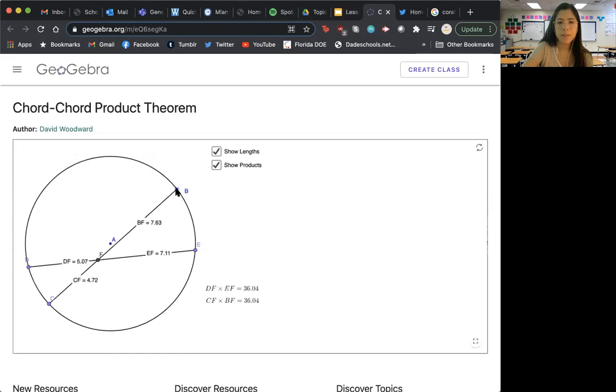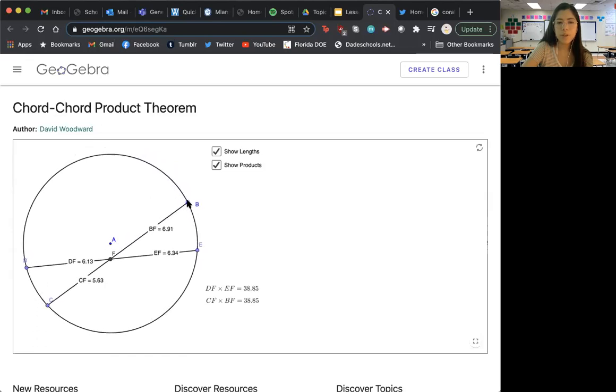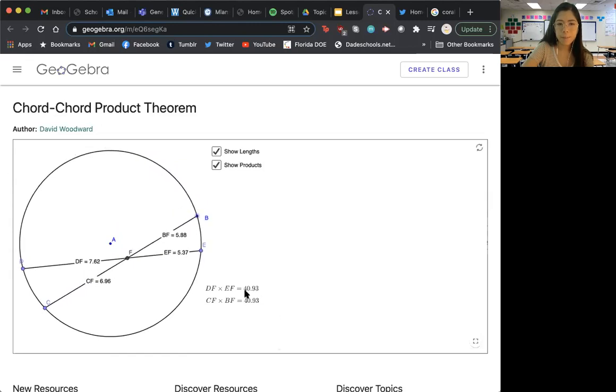Good, I'm seeing it in the chat privately. No matter where I go, those two equations remain equal. So here, for example, both of them are equal to 40.93. Now, what are those equations? Let's take a look. I have CF times BF, CF times BF.